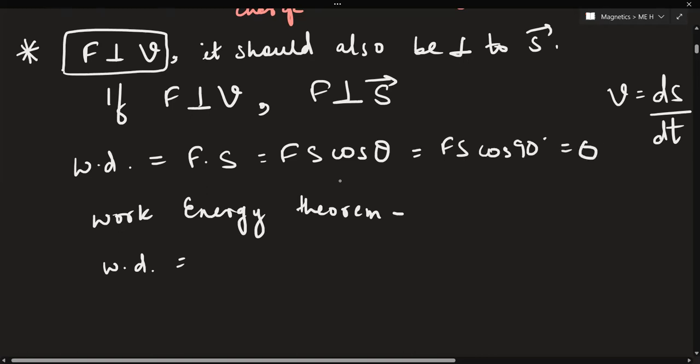So what can be the question? If the force and velocity are perpendicular to each other, then what is the work done by the charge in the motion, or in overcoming the magnetic field? The first theoretical point is that work done will be 0. No need to perform any calculation or derivation. Directly remember it as 0.